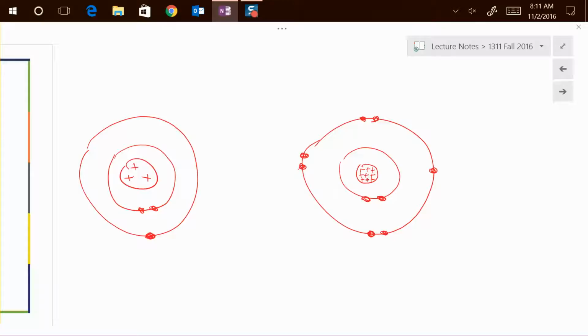In fact, lithium, does it want to gain electrons? No, not at all. It doesn't have the electronegativity to do that. It wants to get rid of this one electron so that it can only have these 2 valence electrons instead of this one. So it wants to lose that one electron.